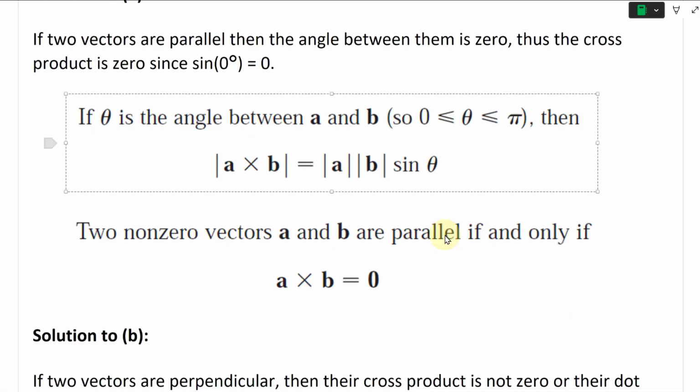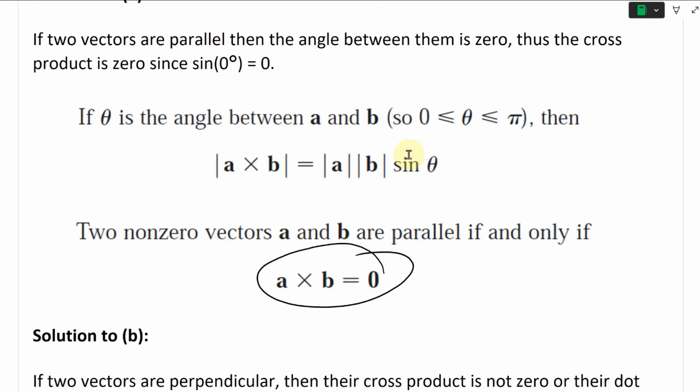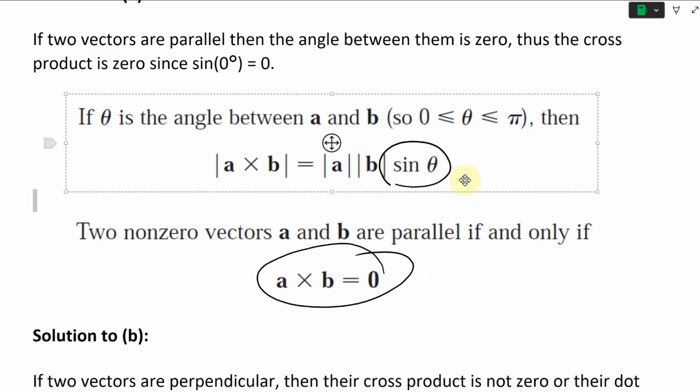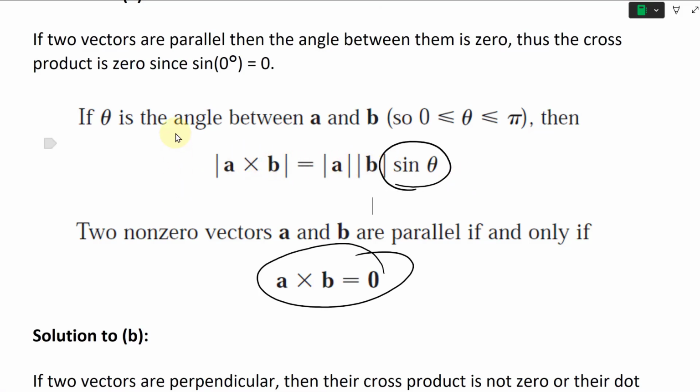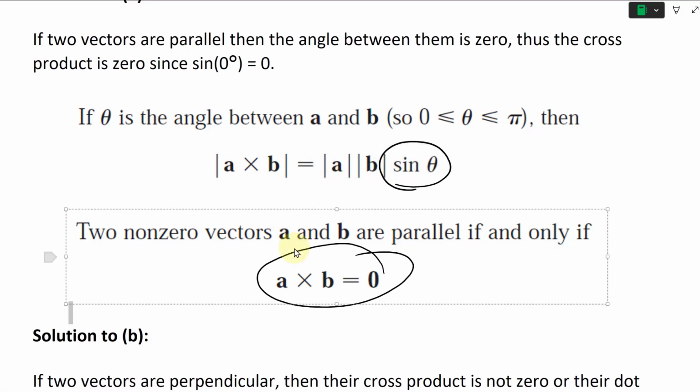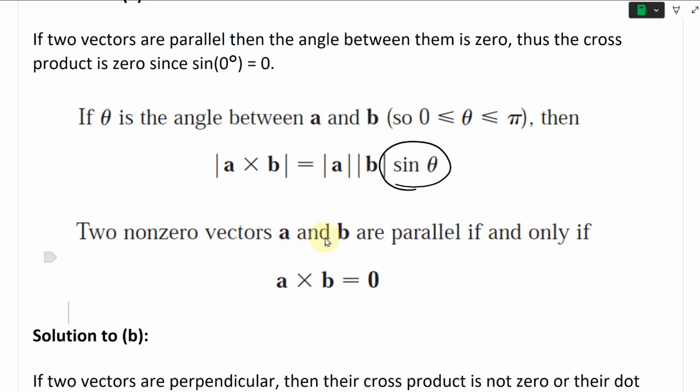Two non-zero vectors A and B are parallel if and only if this cross product is equal to 0. If the length of the cross product is 0, it also has a 0 direction. So the cross product has to be 0 for parallel vectors.